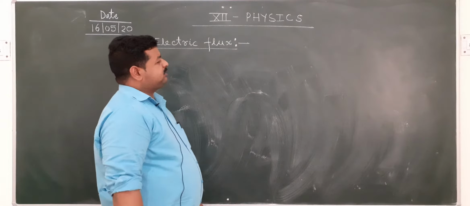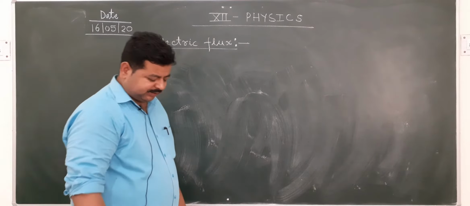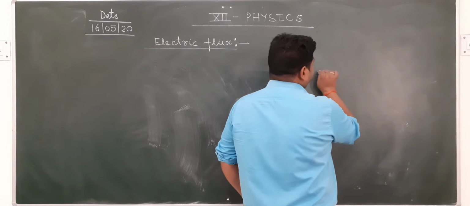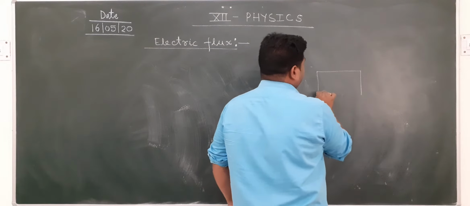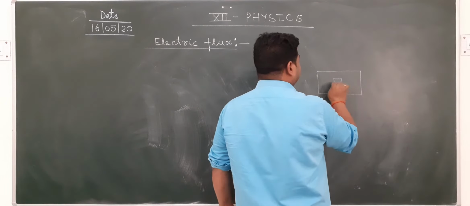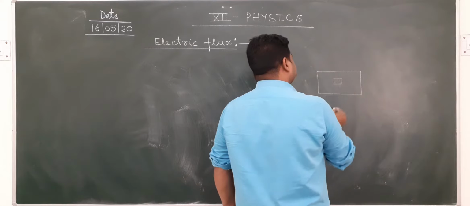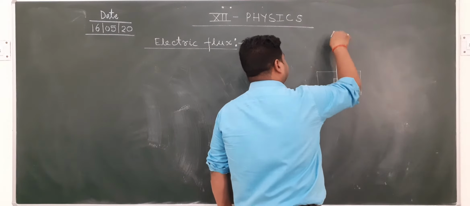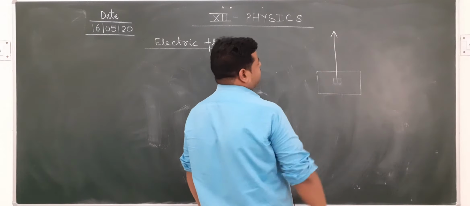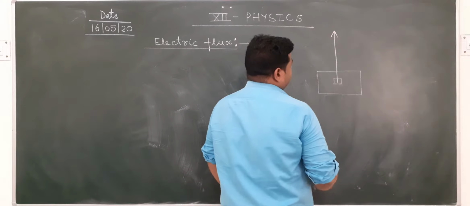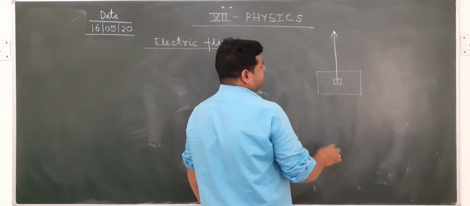For the formula of electric flux, we first study the area vector. Let us suppose that this is a plane sheet and this is a surface element. If a normal is drawn outward from the surface, then it represents the direction of the area vector.